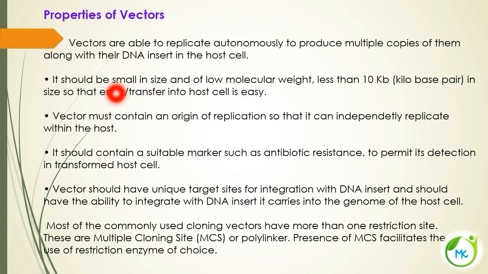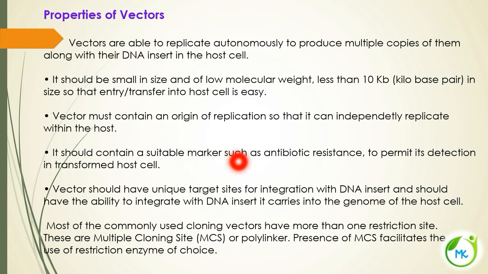The vector should be small in size and of a low molecular weight, that is less than 10 kilo base pair in size, so that the entry or transfer into the host cell is easy. And the vector should contain an origin of replication so that it can independently replicate within the host cell.